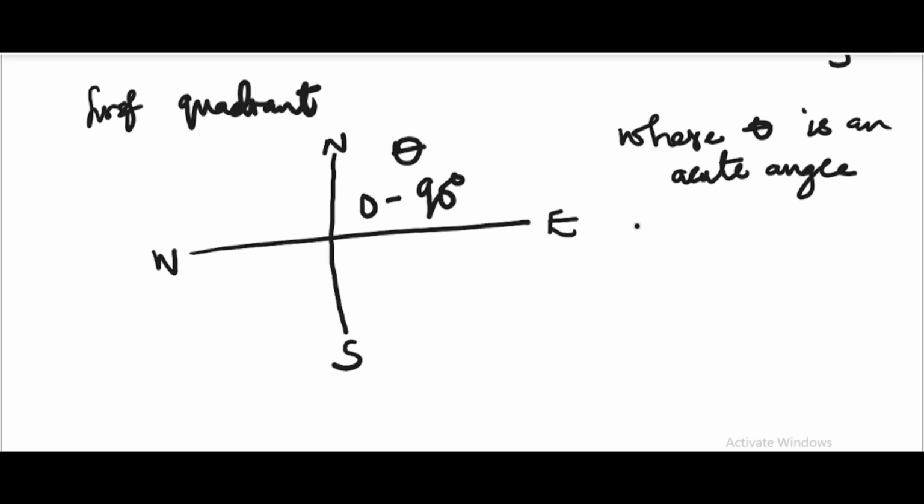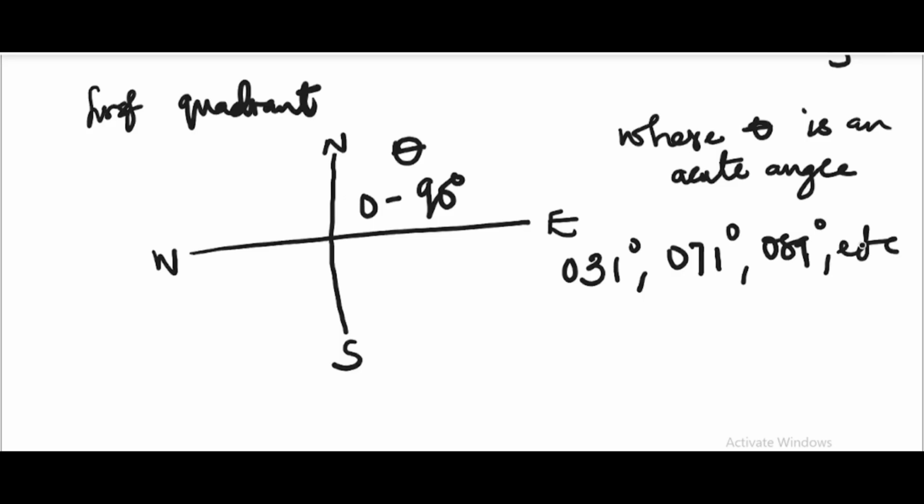So angles in this first quadrant, examples we have 031 degrees, 071 degrees, 089 degrees, and so on and so forth. Now, if you notice, you will see that I give them in 3 digits, right? So in your exam, except you are asked to give your bearing in 2 digits, we always use what? The surveyor bearing.